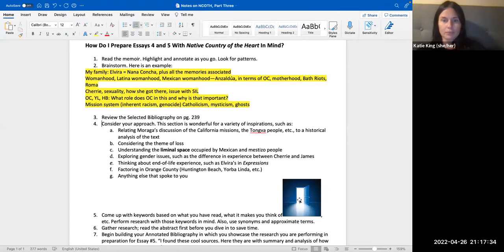Kind of building on the theme of loss, thinking of end of life experience. I think this is fascinating, particularly for someone like me, and this is not something I necessarily would have cared about 20 years ago when I was around the age of a lot of people in this class.